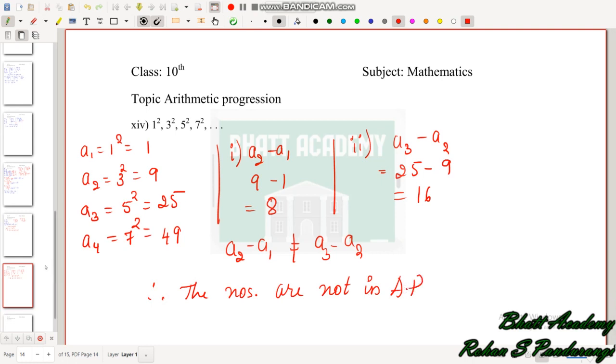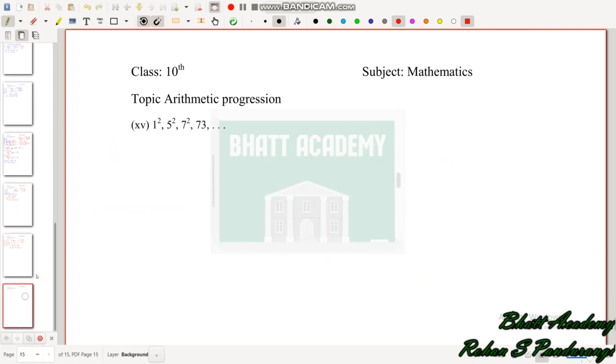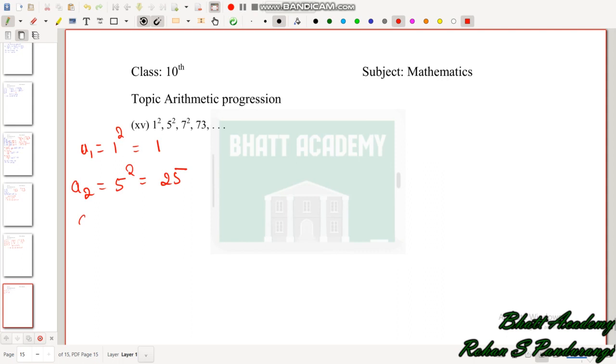Okay, so let us look at the last problem in this exercise. First, a1 value is 1 square, which is 1. a2 is 5 square, that is 25. a3 value is 7 square, that is 49. a4 value is given as 73.